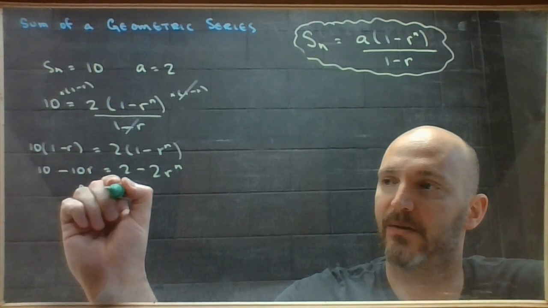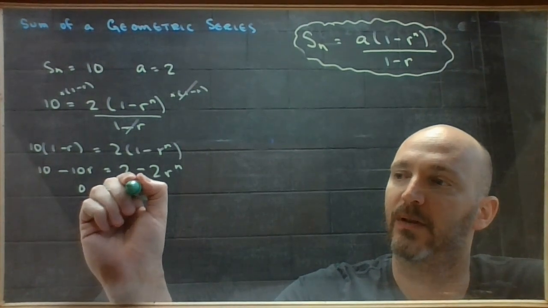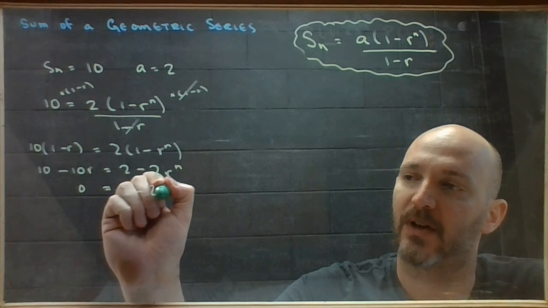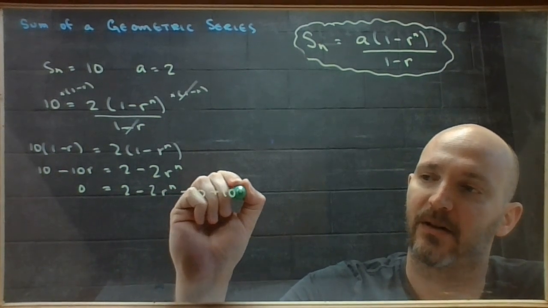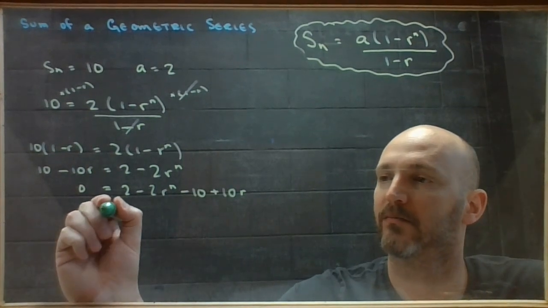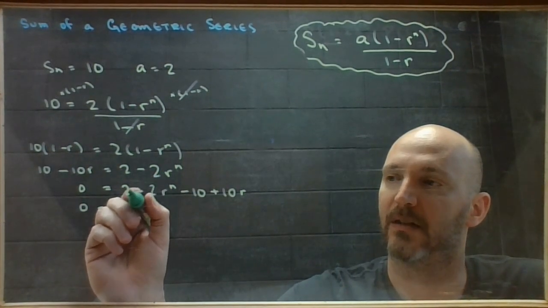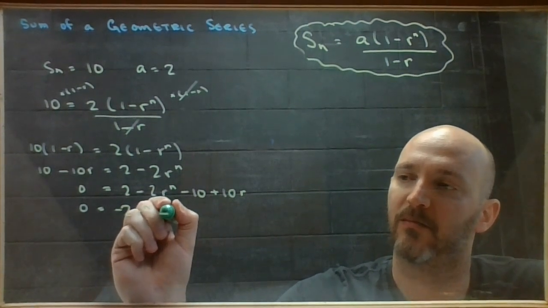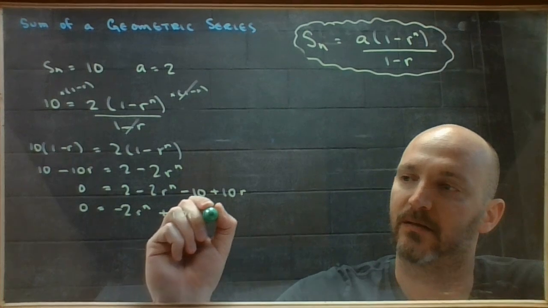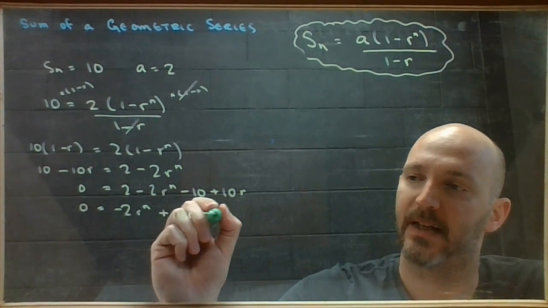I got 0 equals 2, subtract 2R^n, subtract 10 plus 10R, which gives me negative 2R to the N plus 10R minus 8.